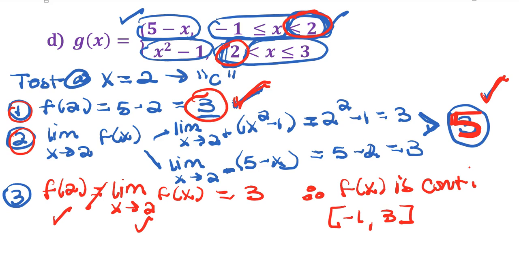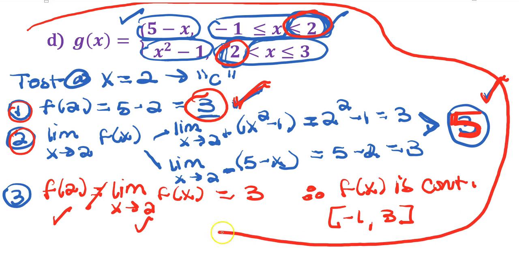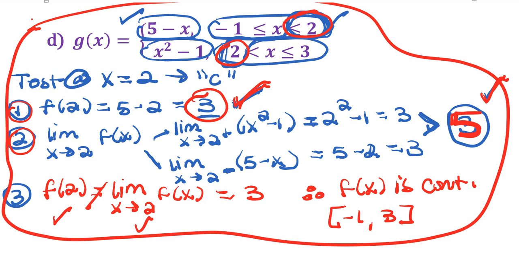If we had a break, it would be considered a non-removable jump discontinuity. So this type of example is probably the one you've got to pay most attention to as far as what I'm going to expect for things like notation and actual full proof.